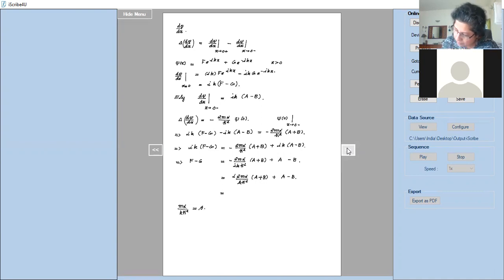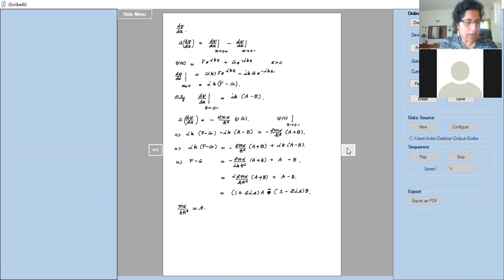So you will have 1 plus 2iβ times A plus 1 minus, do I get a minus? Maybe I'm making a mistake. I think this should be a minus. Then I can write it 1 minus 2iβ times B. Are the signs correct? I hope so. Yeah, I think they are. All right, so this is what we get.